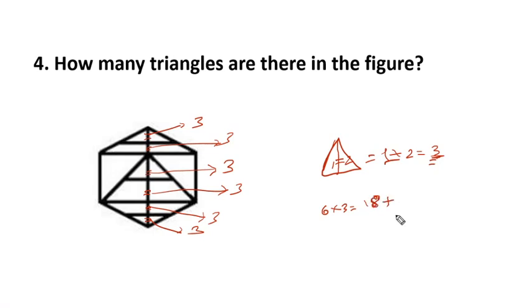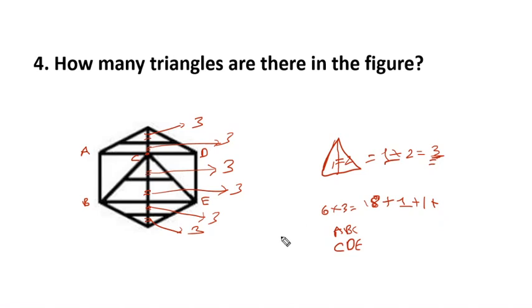Whenever 2 different diagrams are added, there will be combination triangles also. If I trace the points A, B, C, ABC is one triangle, so plus 1 here. Similarly, see this one, let me put D, E. CDE is another triangle, plus one more.